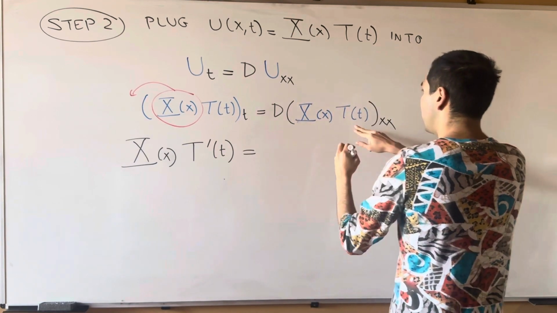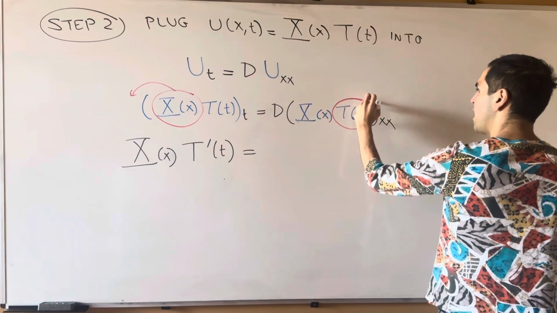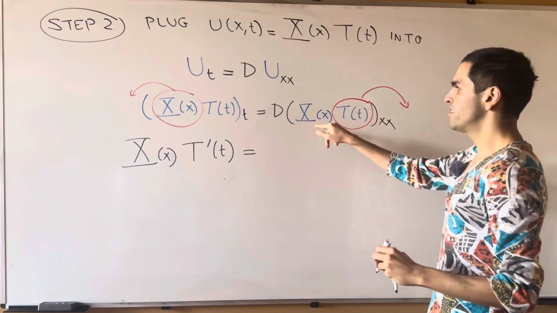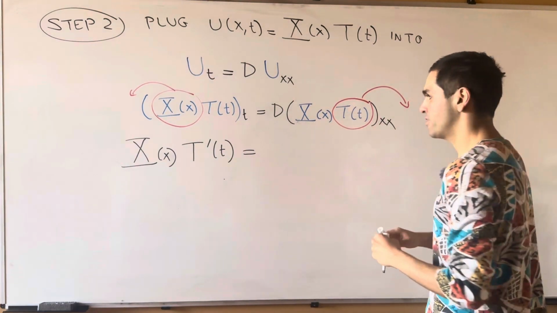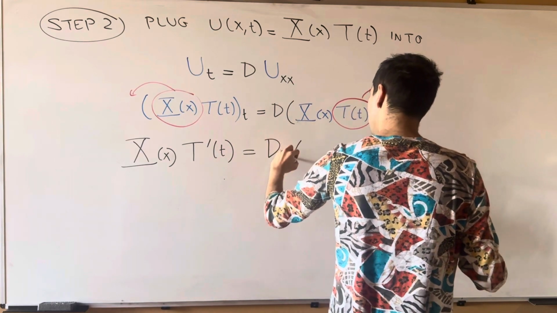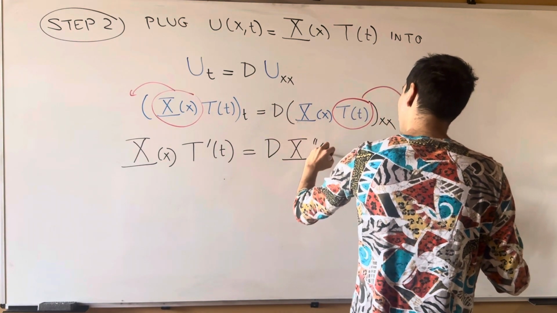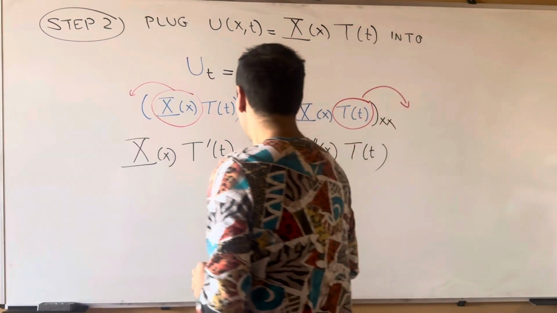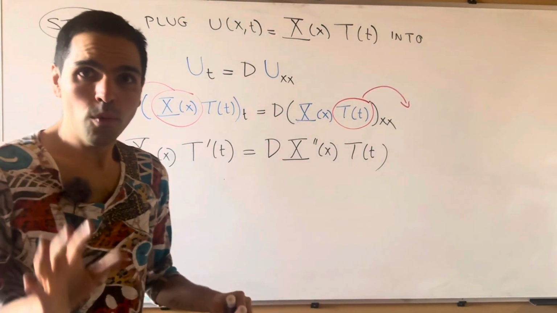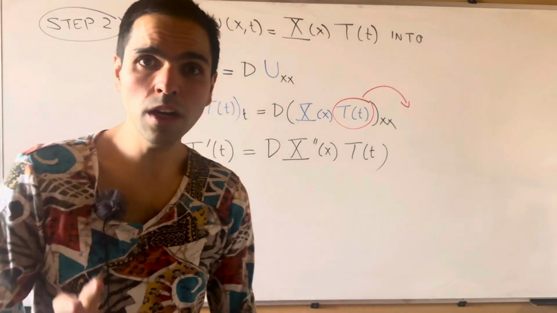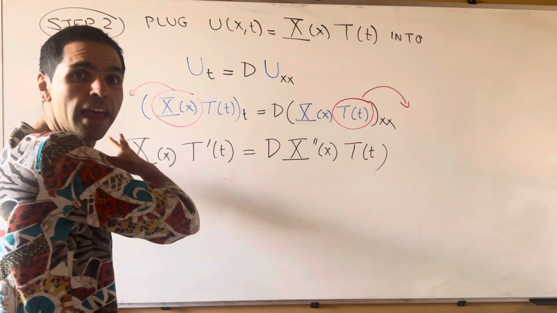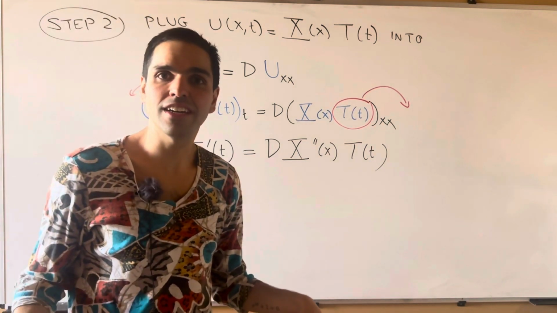And on the other hand, here T doesn't depend on x, so it comes out, and the d_xx derivative becomes X double prime. X double prime of x times T(t). And now, what we want to do, we want to put all the x's on one side and all the t's on the other side.